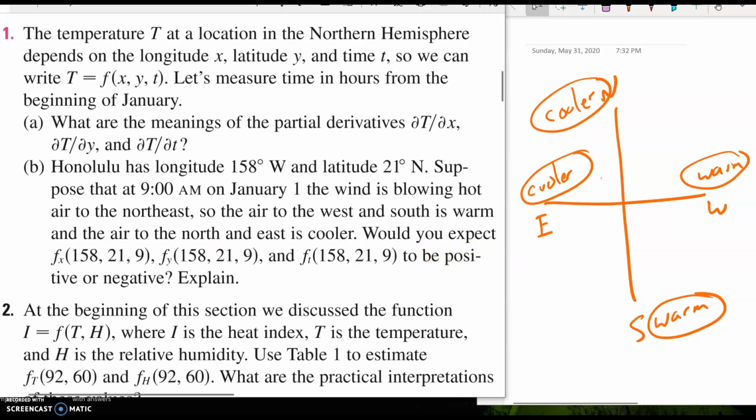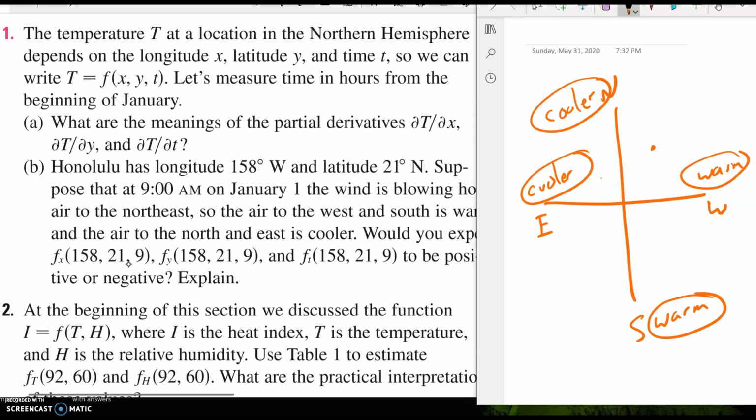It says, would you expect Fx at (158, 21, 9)? So that means at 158 degrees longitude, 21 latitude, 9 o'clock in the morning. So in other words, at that point, we have a point right there. It says Fx, meaning the partial derivative of temperature with respect to x.